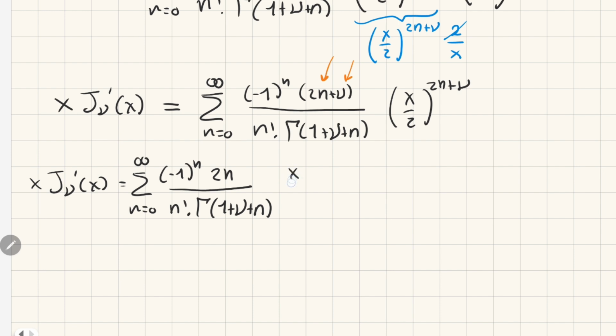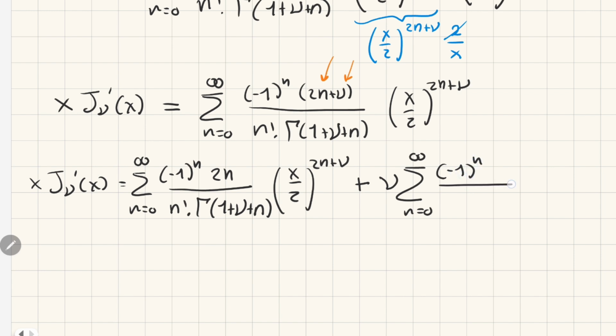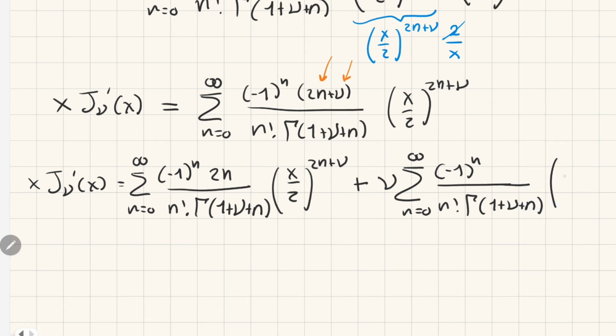That multiplies (x divided by 2) to the 2n plus nu, and then plus, and we are going to take the nu out of the sum, so it will be nu, the sum from n equals 0 to infinity of (minus 1) to the n, divided by n factorial gamma of 1 plus nu plus n, and then multiplied by (x divided by 2) raised to the 2n plus nu.